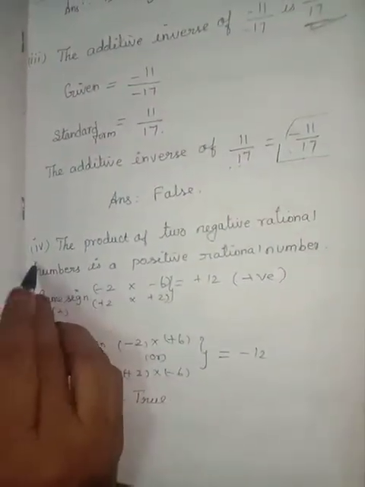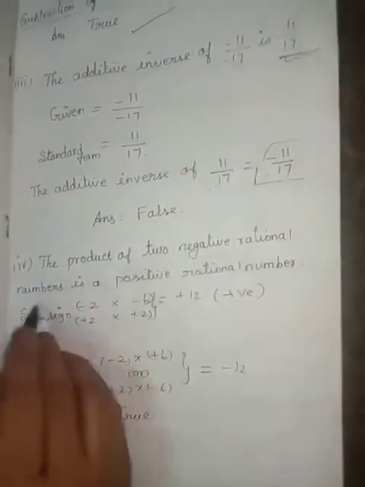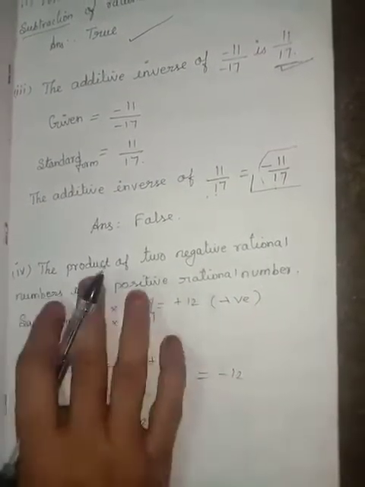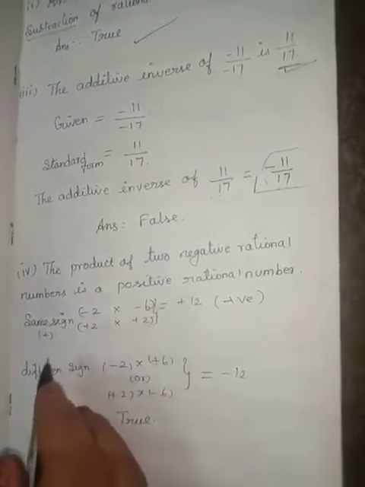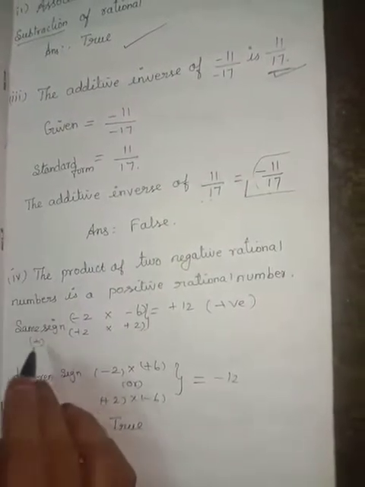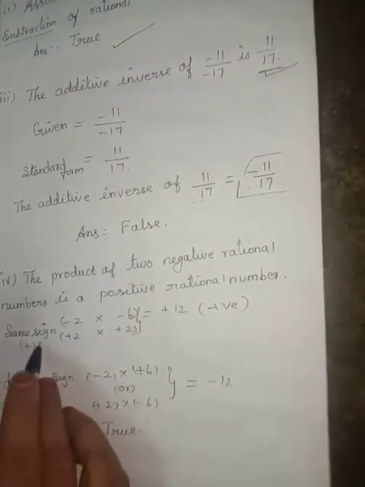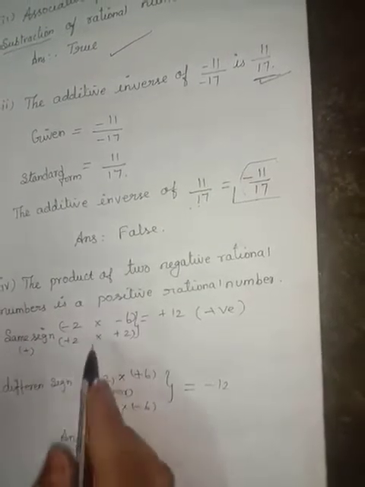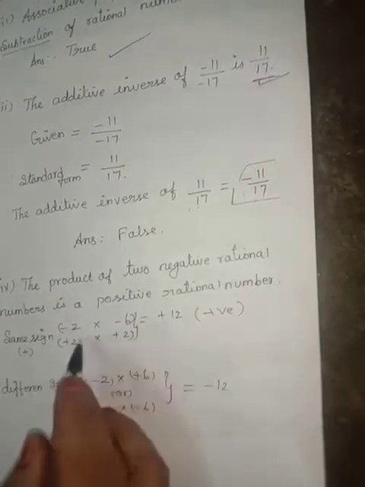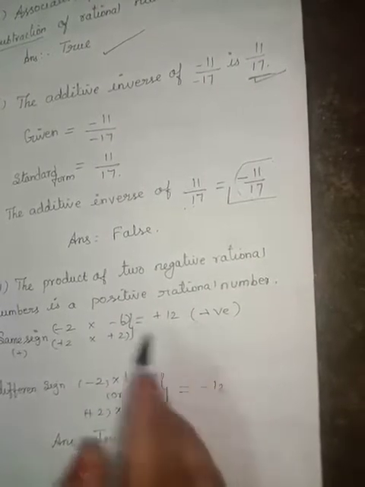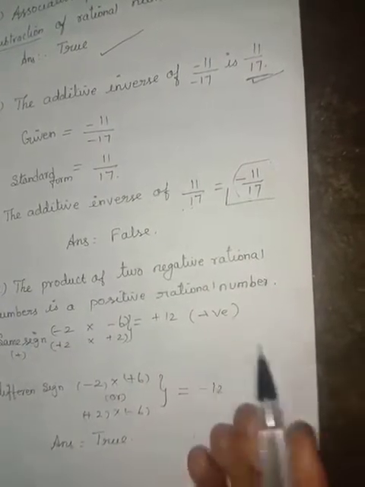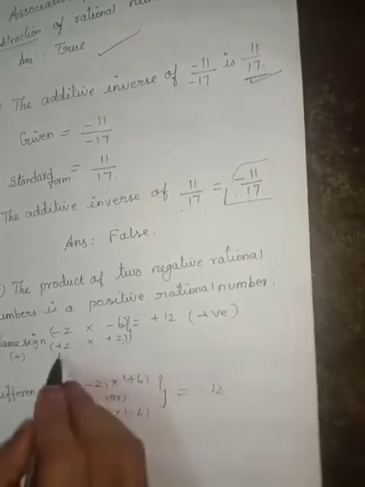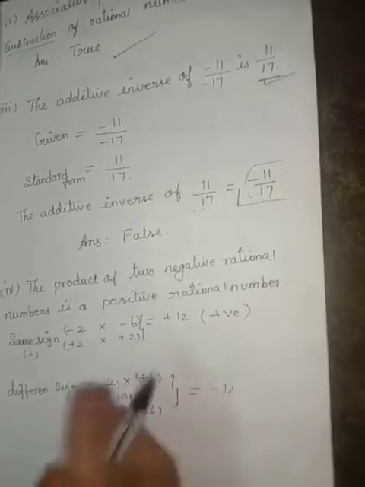The fourth question: the product of two negative rational numbers is a positive rational number. Just remember that when you multiply the same sign numbers, we get a positive number: minus into minus is plus, plus into plus is also plus.